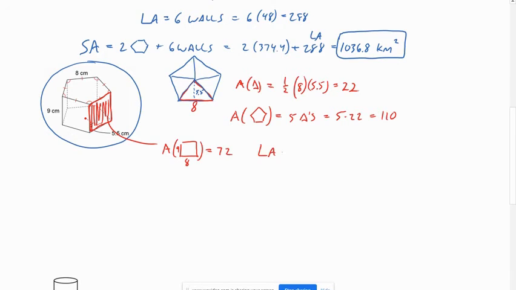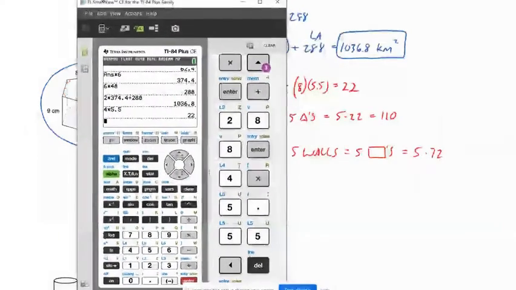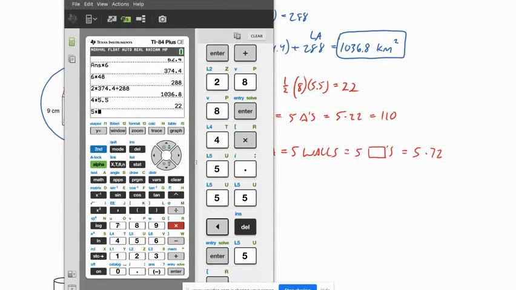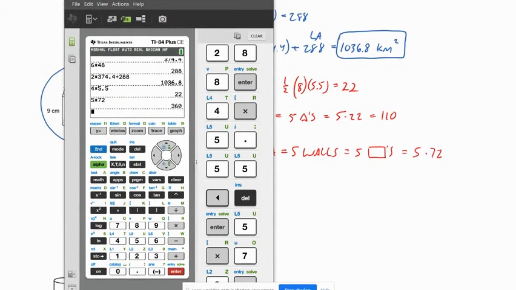So our lateral area is 5 rectangles, 5 walls, and so that's 5 times 72. And 5 times 72 is 360.